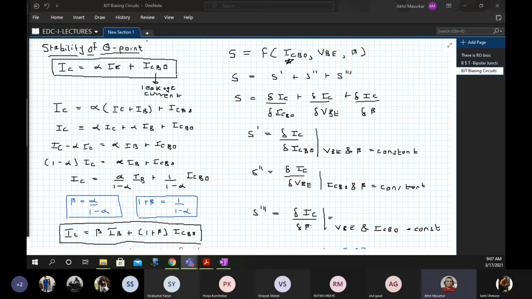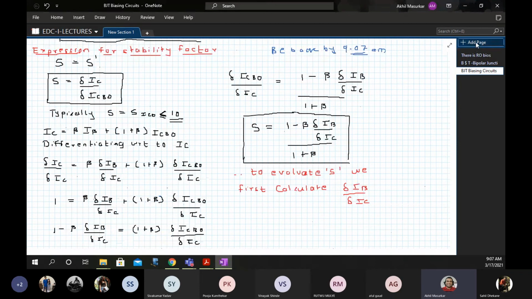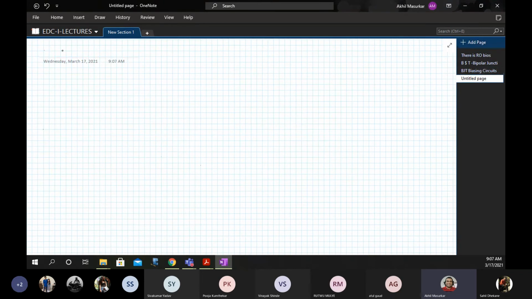Okay, let us start. So this part is going to be slightly crucial when it comes to designing the circuits. So the first circuit that we are going to do is the base bias circuit.